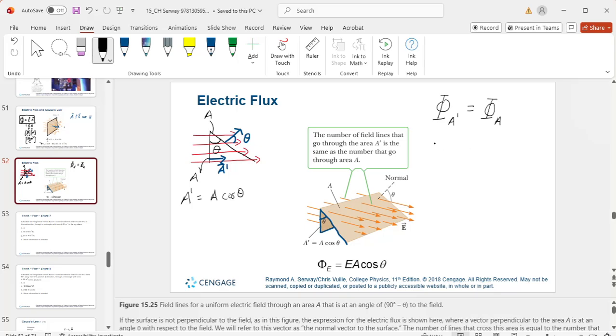So this is going to be the value of the field times A prime, and that is going to be equal to the flux through this surface, which happens to be E times A times cosine of theta.